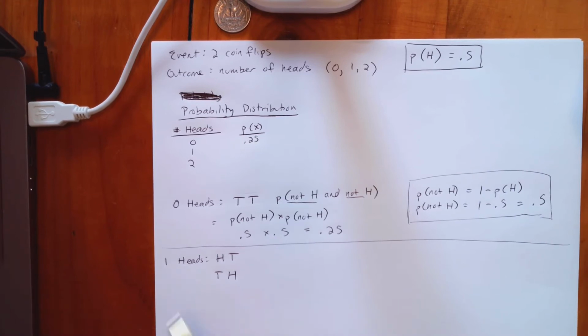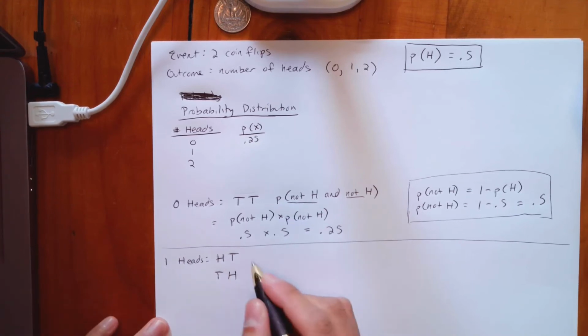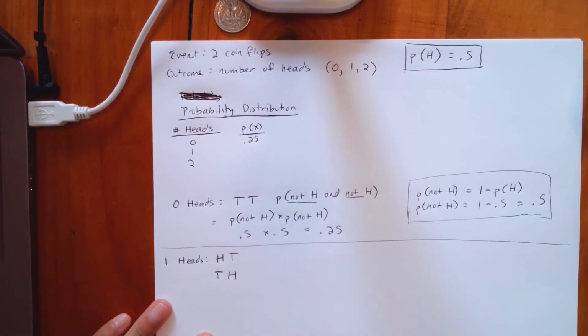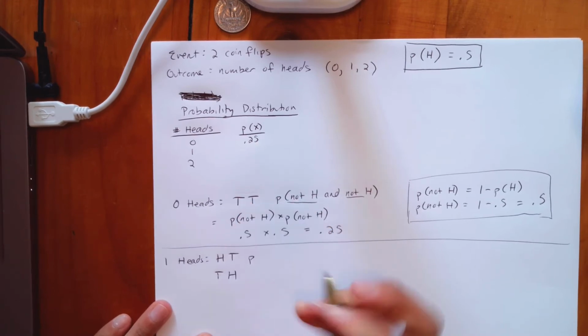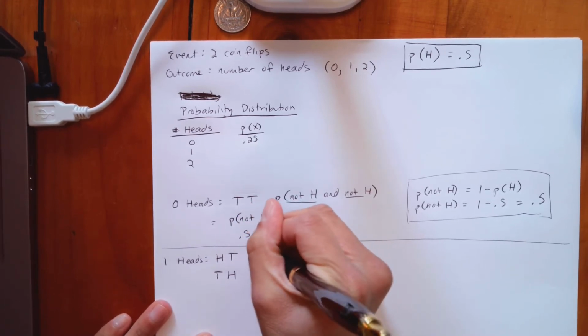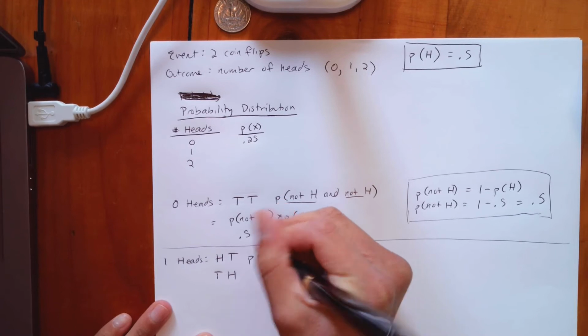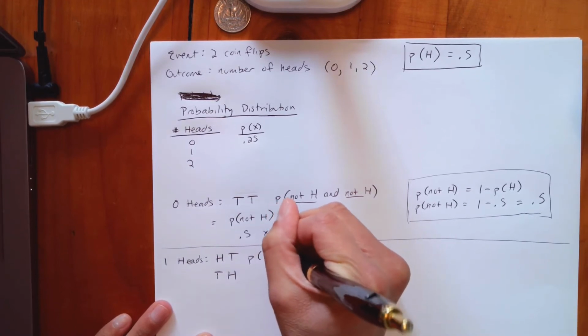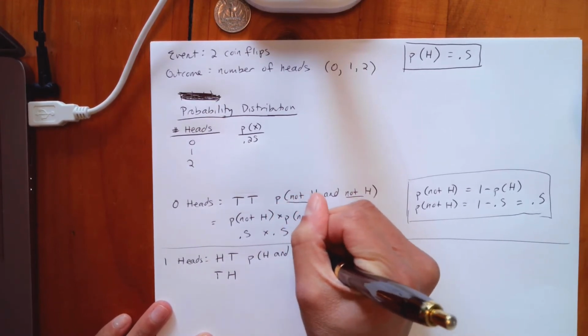So we have 2 different ways to come up with this outcome. So now we're going to be combining even more of these rules. And for the first one here, we're going to say we've got the probability of getting heads and the probability of getting not heads.